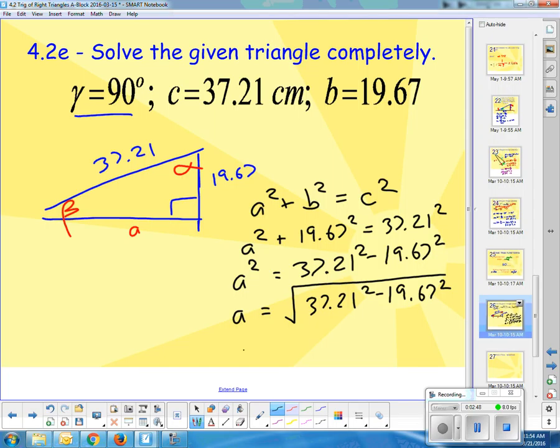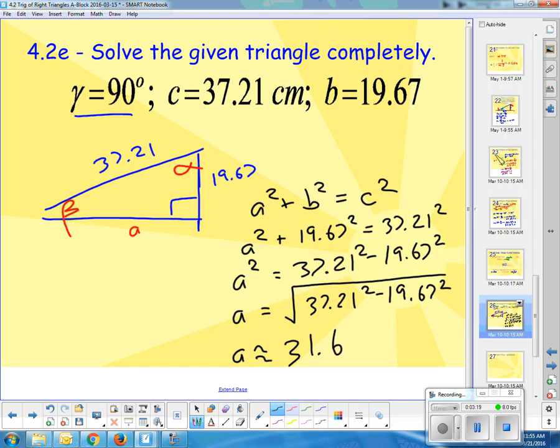And now that I've isolated that A, and I haven't put anything into the calculator yet, I've avoided rounding on top of rounding on top of rounding. And I can go ahead and put this directly into my calculator here. So give me a second while I do that. And we will get 31.6 approximately.